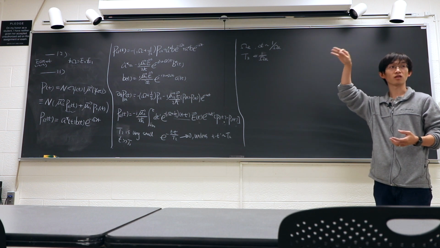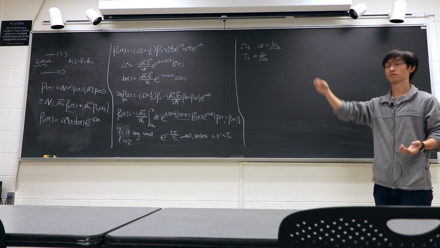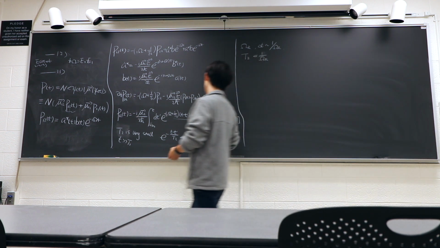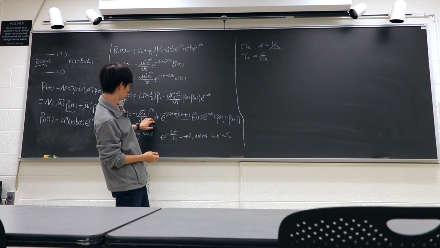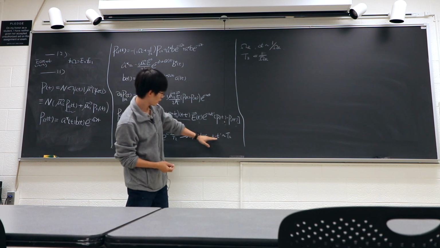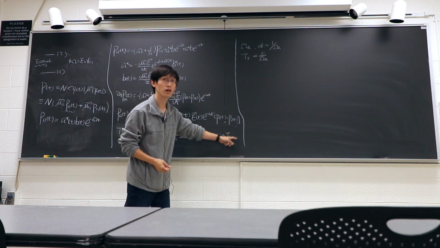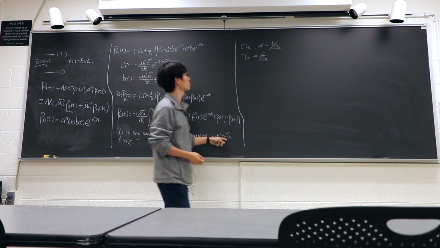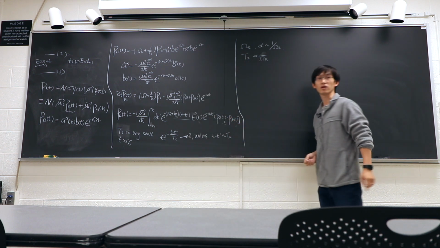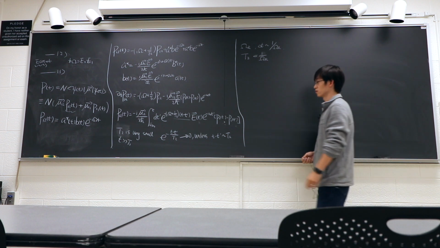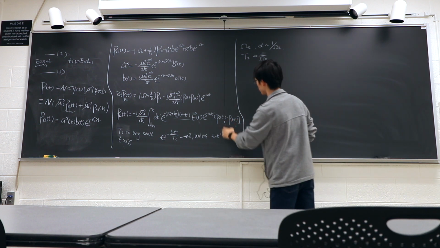Before you finish one oscillation, you already decay. What it means in this integral is that our integral only happens around T2 time. And within this T2 time, you haven't finished one Rabi oscillation, or you barely move, actually.